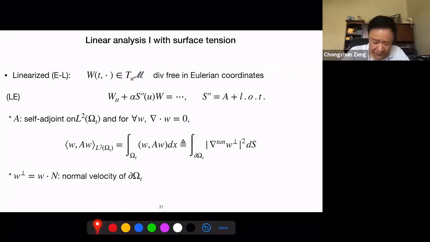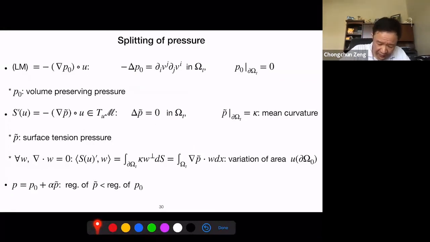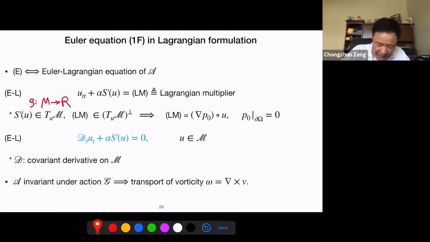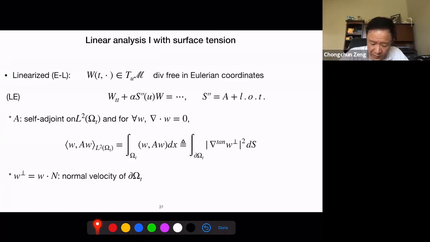Formally speaking, if you look at this equation and do the variation, linearization, and if you believe me for a moment, ignore the Lagrangian multiplier, assuming this is better than the rest, and look at only the left part, then you end up with the second order derivative in W and the Hessian of the potential energy acting on W is equal to some lower order term.